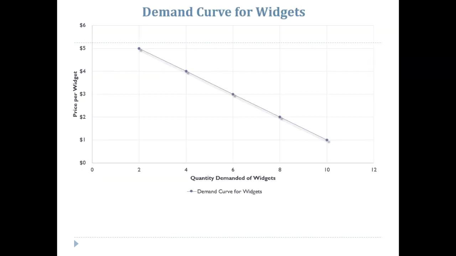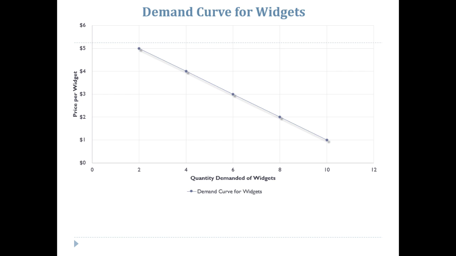When we draw the tabular representation in a graph, what is the x-axis? The horizontal axis. On the horizontal axis we will mark the quantity demanded, and on the y-axis, the vertical axis, we will mark the price.